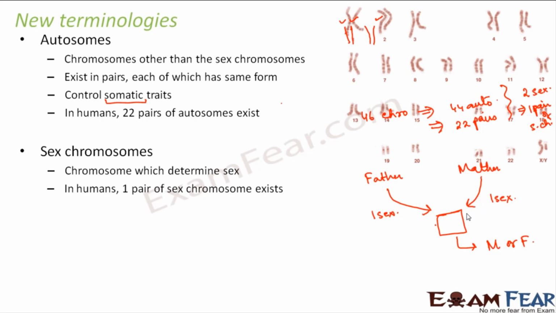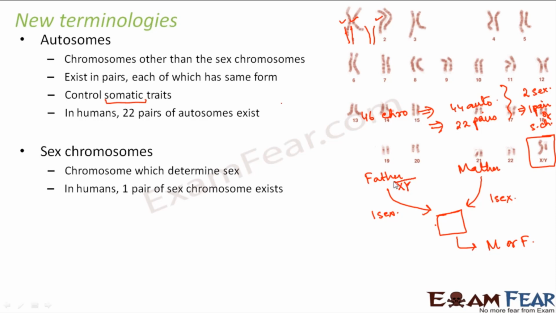So here in this picture you can see the total 46 chromosomes in human males. These numberings 1, 2, 3, 4, 5 are all autosomes, and this last one, this XY, is the sex chromosomes. So the sex chromosome in case of a male is denoted by XY.